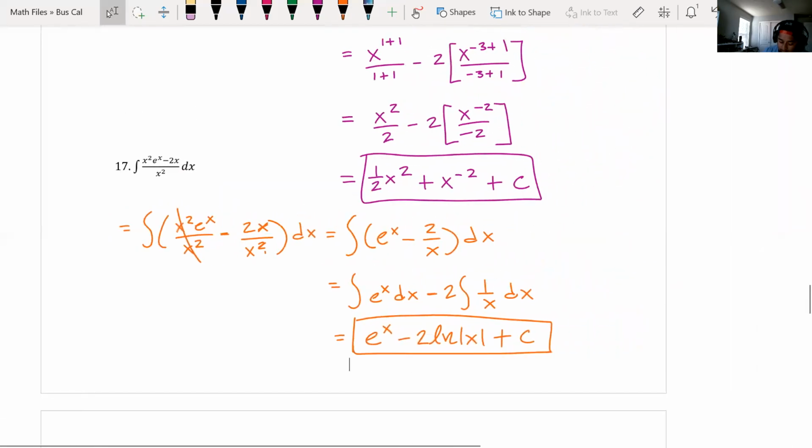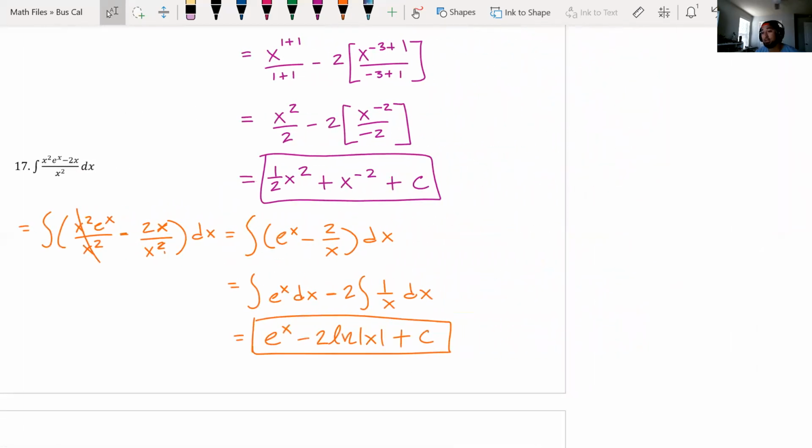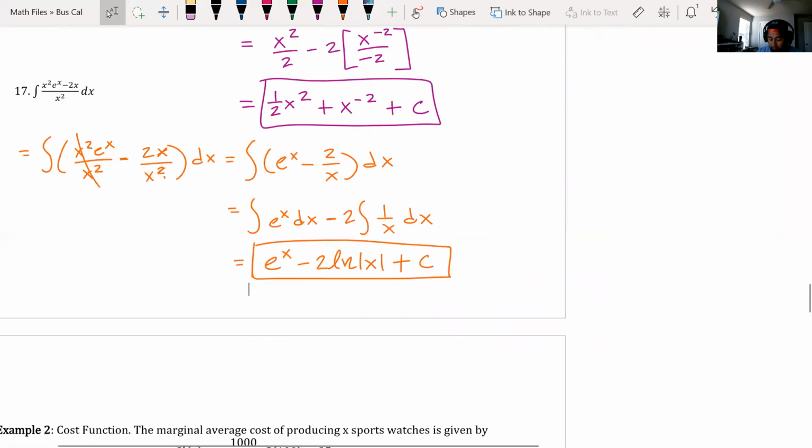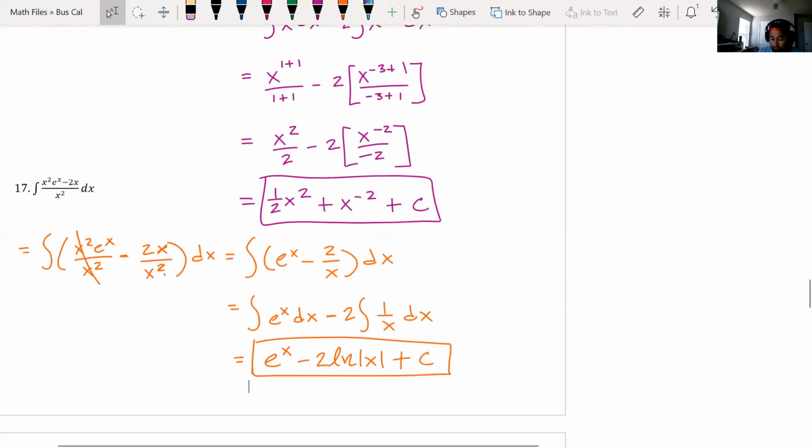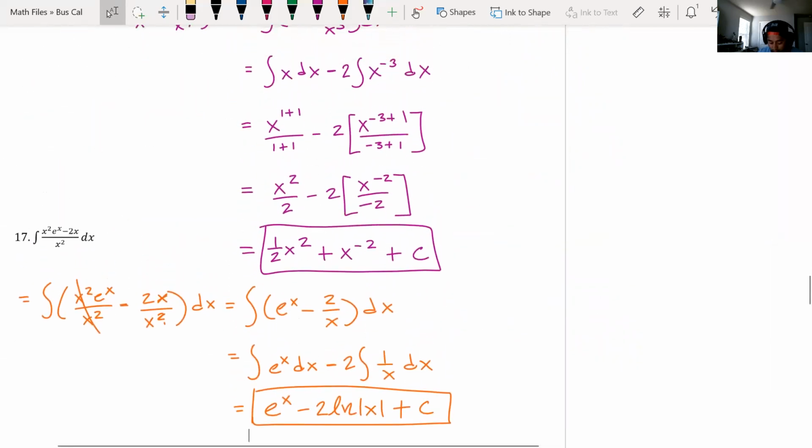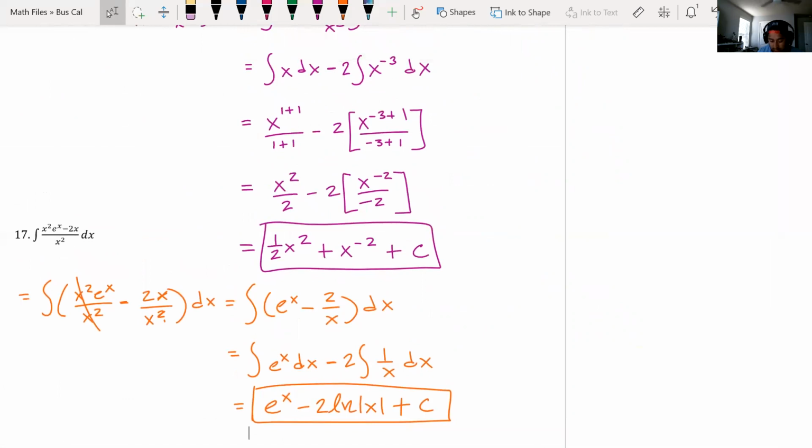And there you have it. We have two application problems left, but those are all the antiderivative problems.